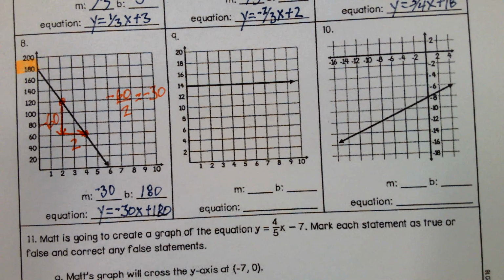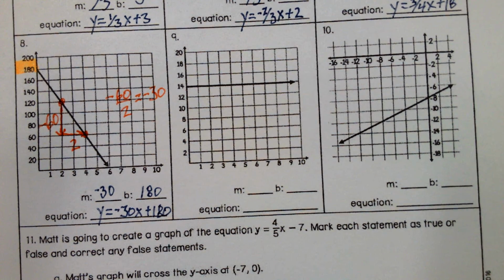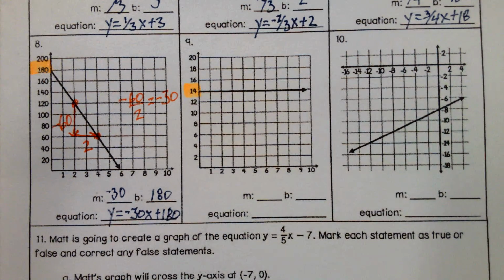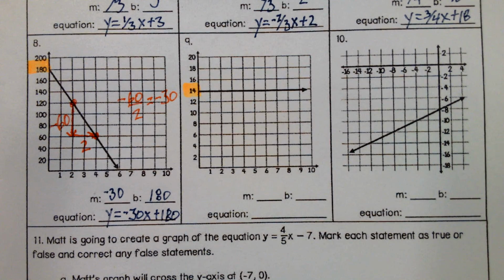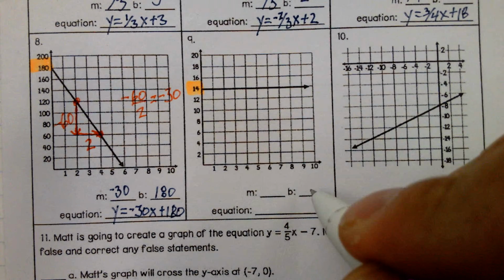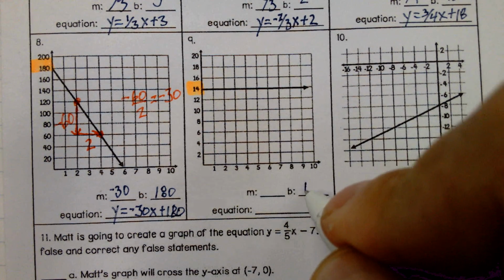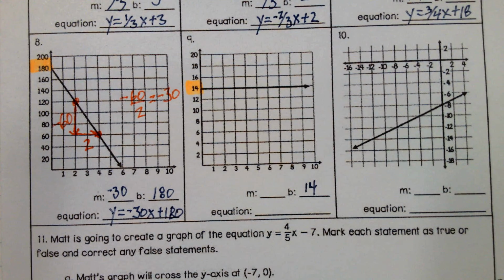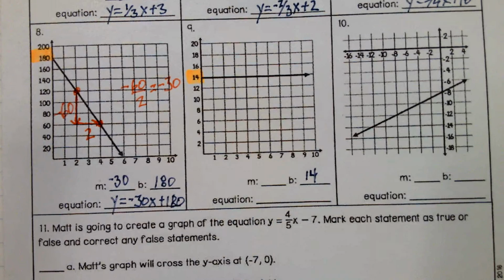All right. This is an interesting one. Well, I got a y-intercept for sure. The y-intercept's 14. And the slope is 0. Do you all agree that the slope is 0?